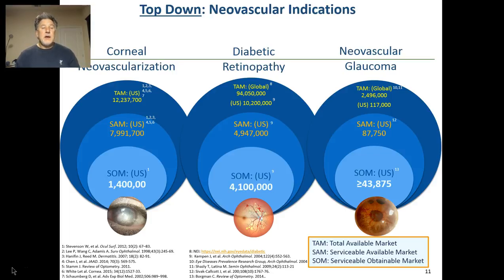Or if we want to be unique, we can go into the corneal neovascular, which is still robust. The bottom line is company management and investors want to know, is this a market large enough that I can get into?